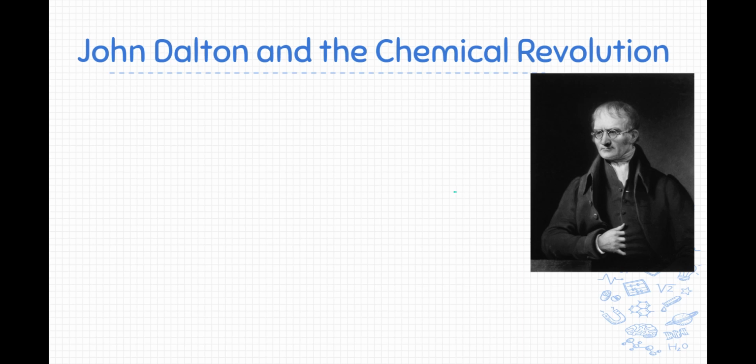The word chemistry comes from the word alchemy, and alchemy was really chemistry before chemistry was a science. And about 100 years after the scientific revolution came a period known as the chemical revolution. And this is where there was a big jump and big advances in chemistry.